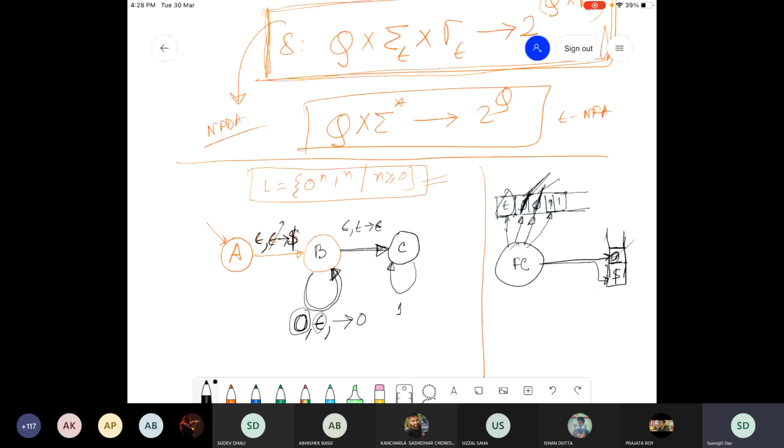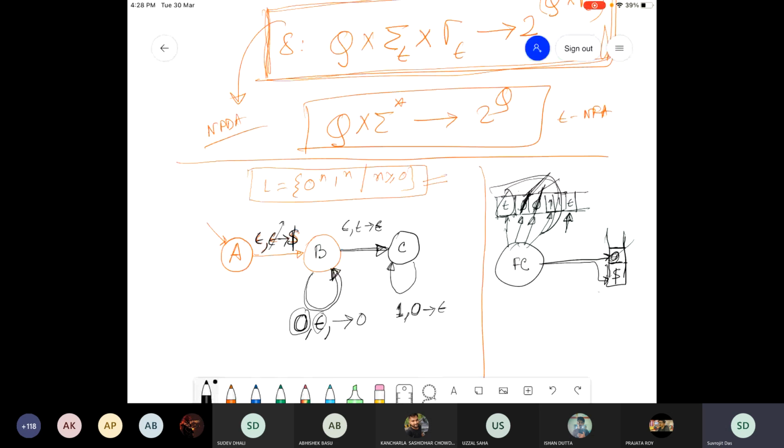In C, if I see a 1 in the input alphabet and a 0 on the top of the stack, I pop the 0. And I continue doing this until I find an epsilon at the end, and seeing an epsilon at the end means the input has been exhausted.